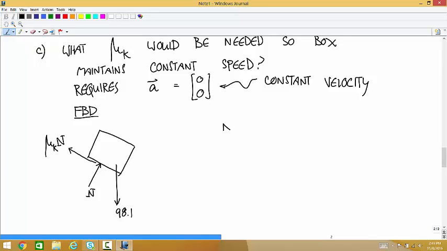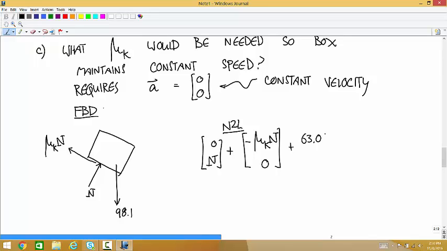And now Newton's second law says 0, N, plus, this force is in the negative x direction, so negative mu sub k times the normal, 0, plus 63.06, negative 75.15.